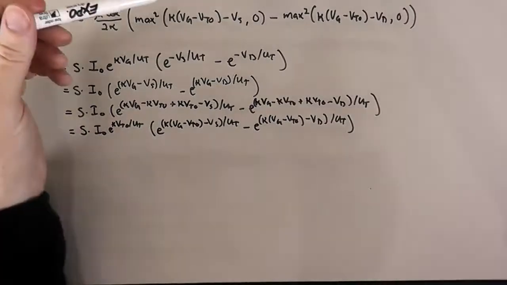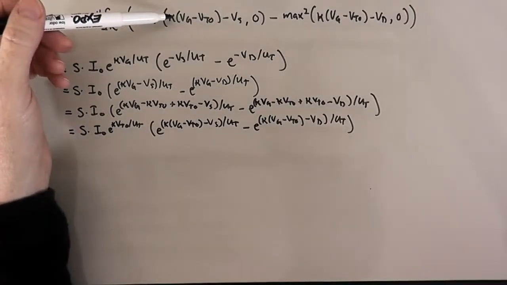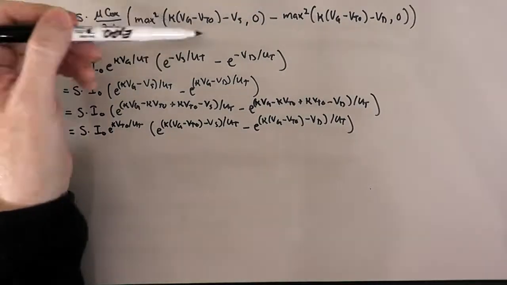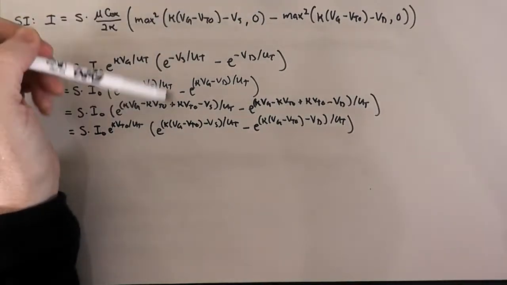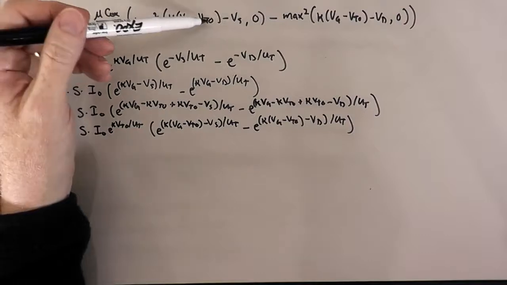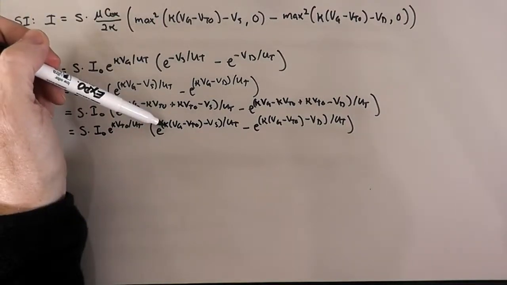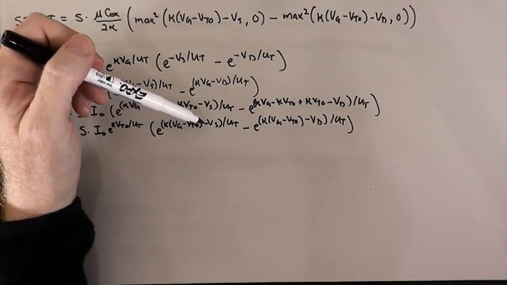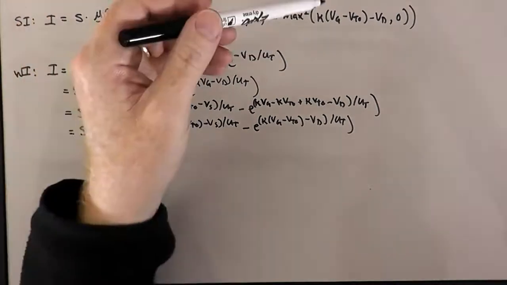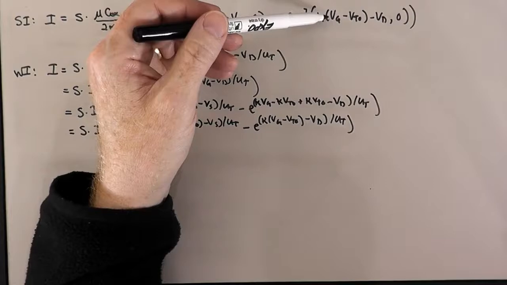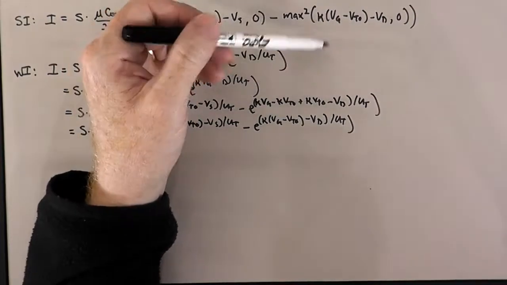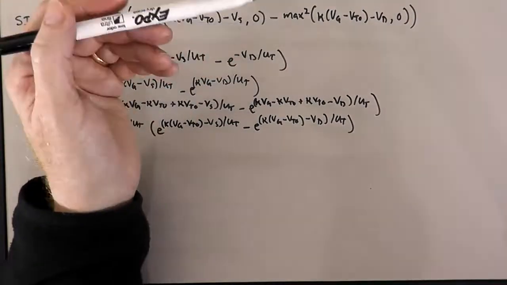And so now the resemblance is very close. We have the same functional form. The first term has a kappa Vg minus Vt0 minus Vs, and the term down here has a kappa Vg minus Vt0 minus Vs, and the same thing with the drain term, except the Vs is Vd. So that looks promising.